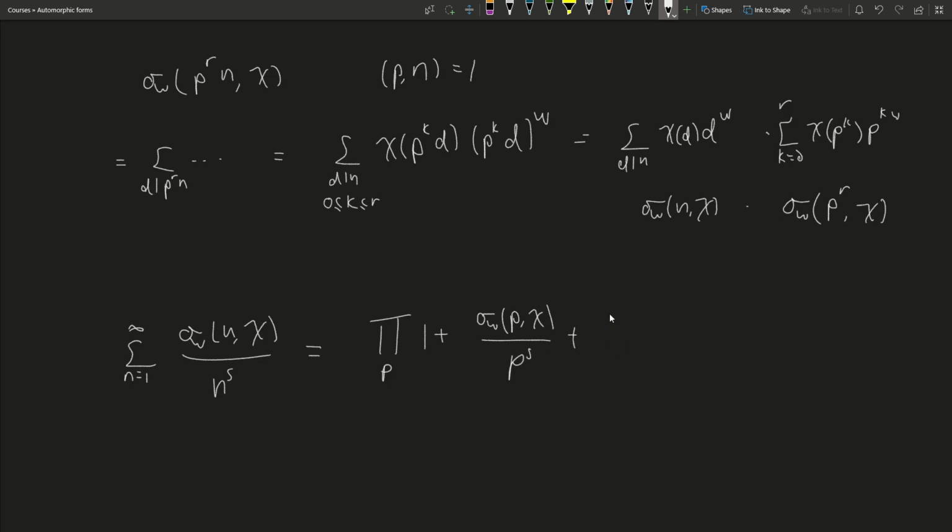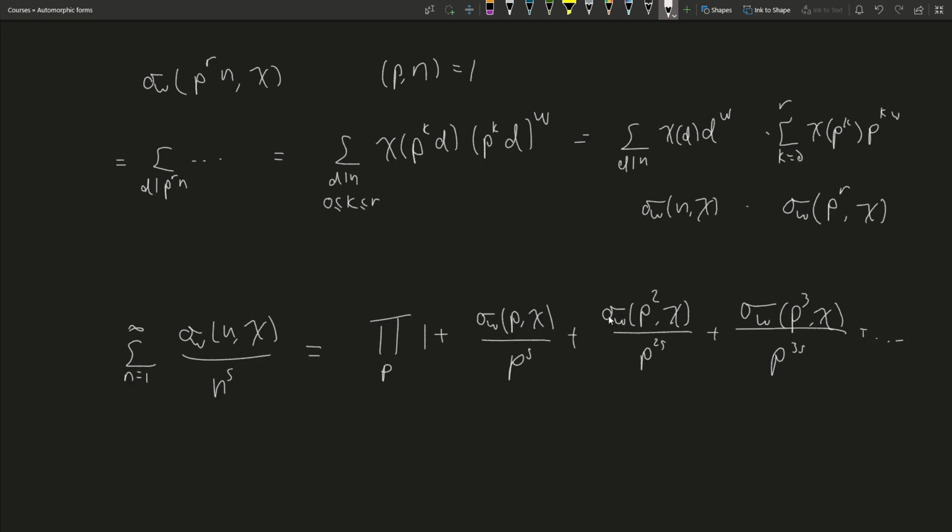So here you're going to have this infinite sum over all the powers of p at each prime. Etc.